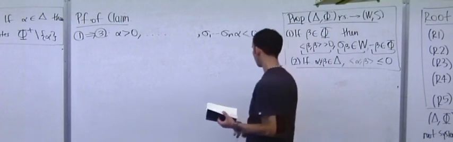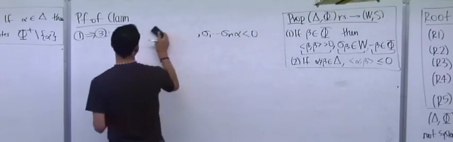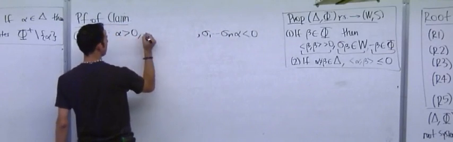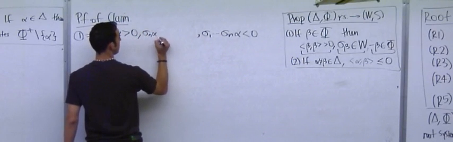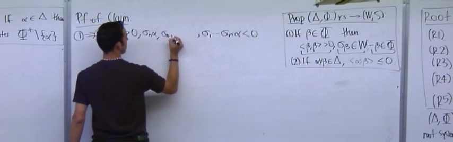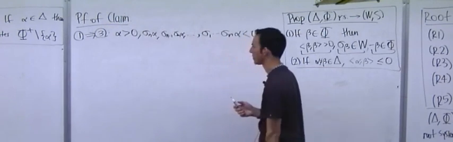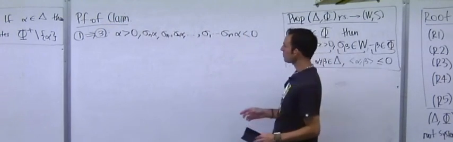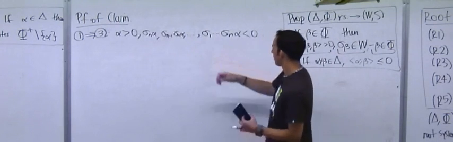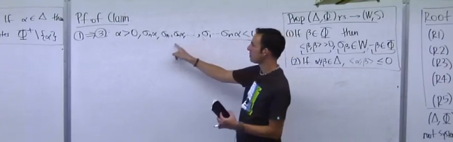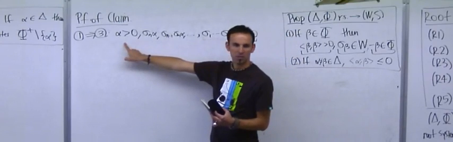So what I want to do is consider all of the others. I'm going to start with alpha, then consider sigma n of alpha, then sigma n minus 1, sigma n of alpha, etc. The point is that this one is negative, and at some point I reach a positive one.